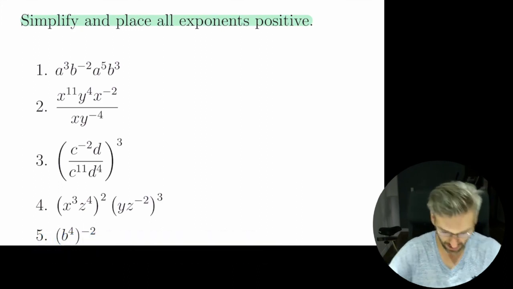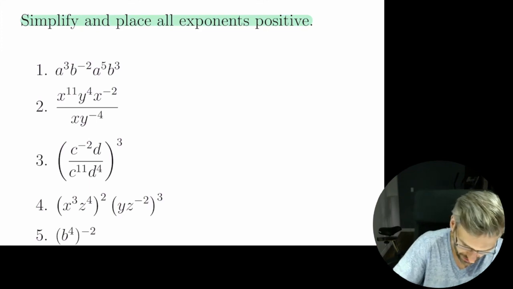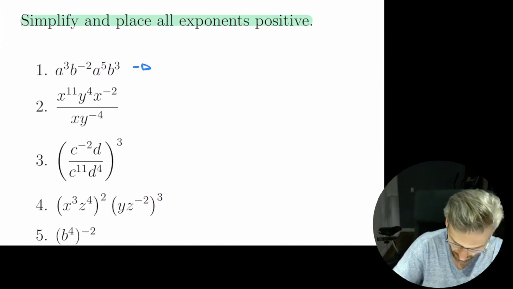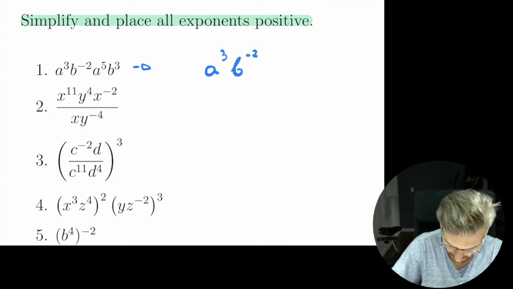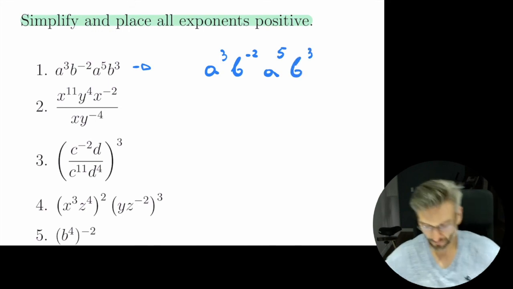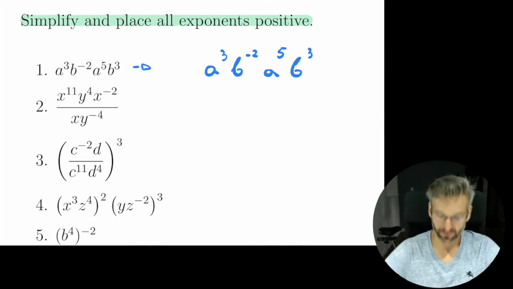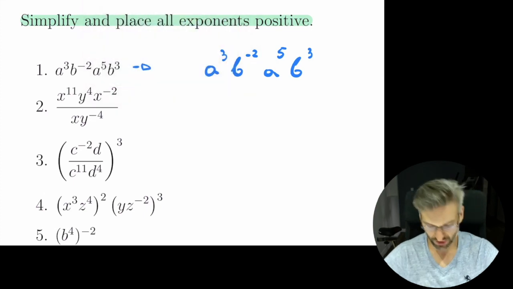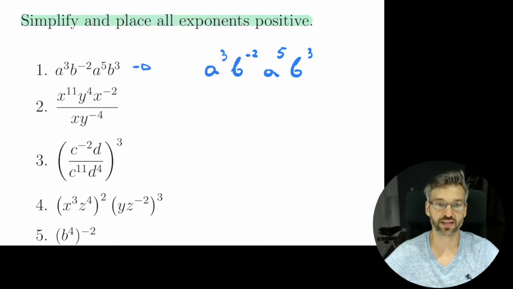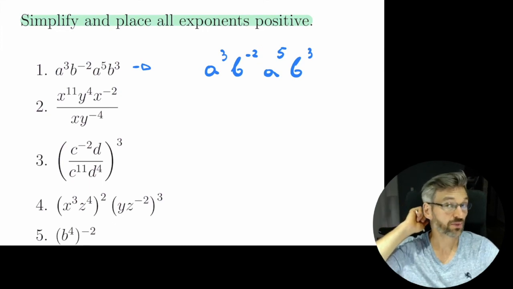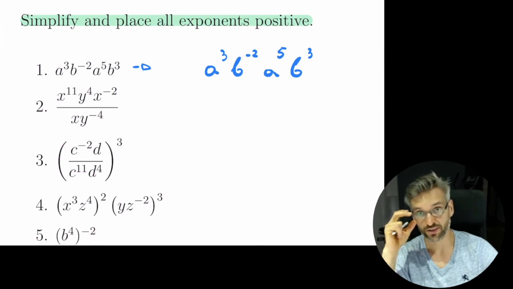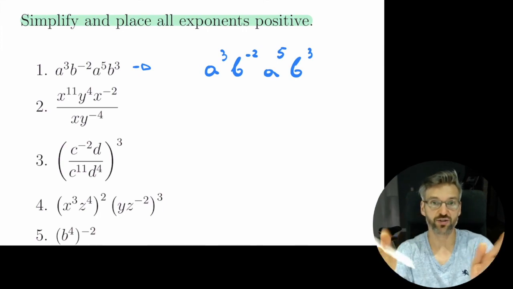All right. So I'm going to rewrite this one: a to the 3, b to the minus 2, a to the 5, and b to the 3. For whatever reason, sometimes students will get tripped up by this, because they notice they have a and b side by side, and then a and b side by side again. Now remember that multiplication of numbers is commutative, so you can actually swap them.